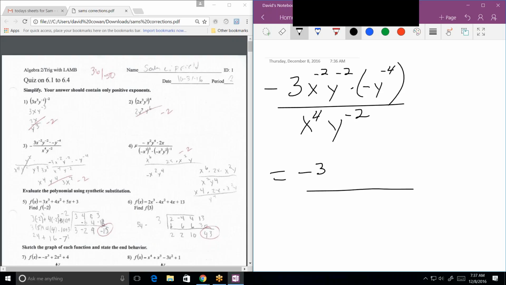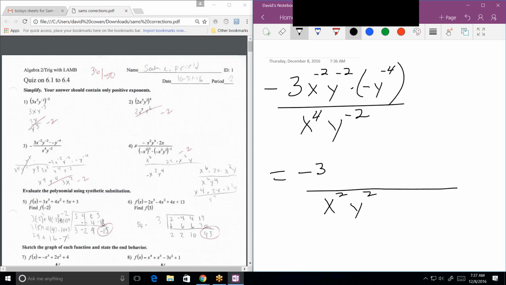Let's go ahead and put our fraction bar down there. And what happens to this x to the -2? Basically everything comes down to the bottom. Okay, so I'm going to make that x to the positive 2. How about that y to the negative 2? That becomes y to the positive 2.